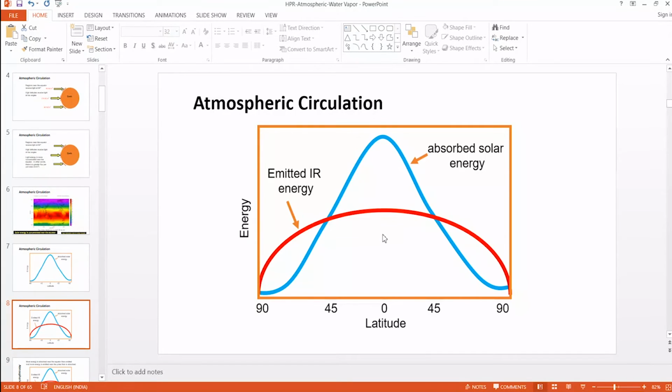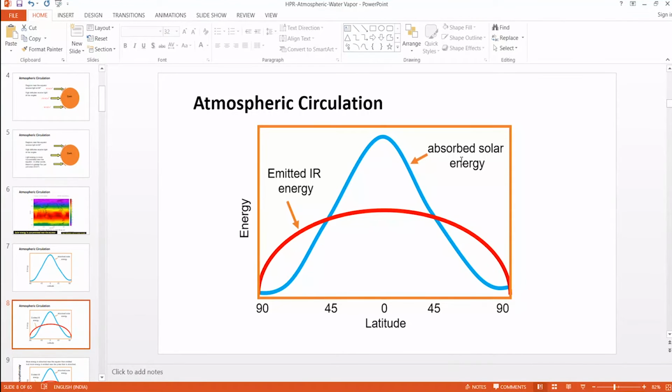Although the maximum solar energy is absorbed at the equator, the average temperature of the earth is almost constant. There is not much variation in the average surface temperature of the earth. Therefore, this emitted radiation is almost constant from the equator to the poles.